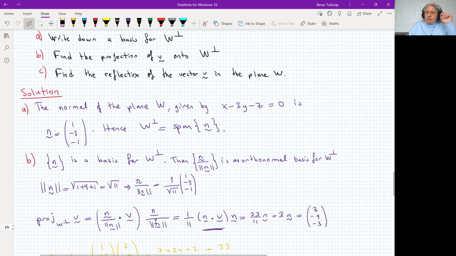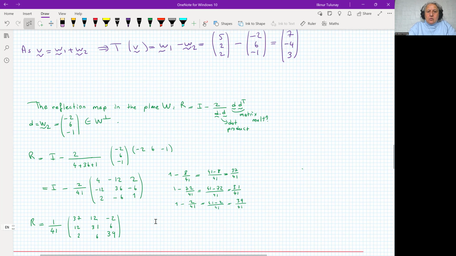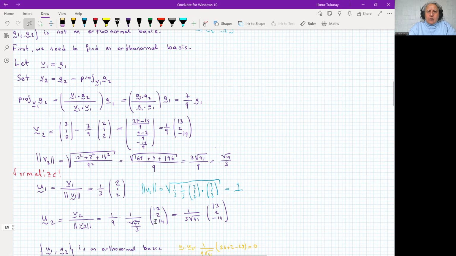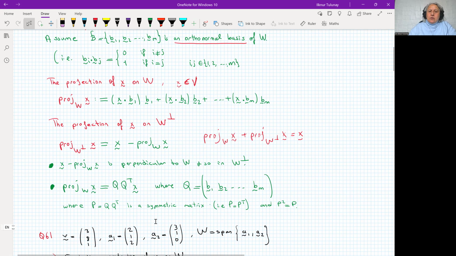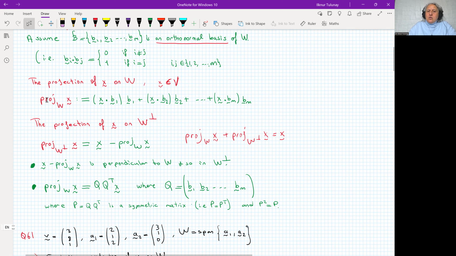I would like to show you the general formula. You need to have an orthonormal basis, and for the projection formula, you multiply the vector with each orthonormal basis element, which gives you the coefficient of the linear combination of these orthonormal basis vectors. The vector that you obtain will be the projection of the vector on the space.